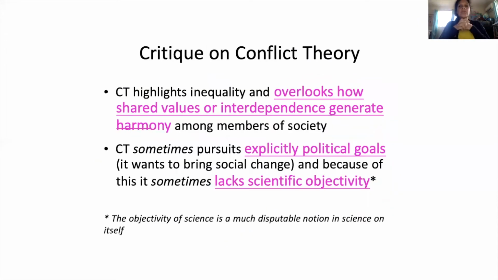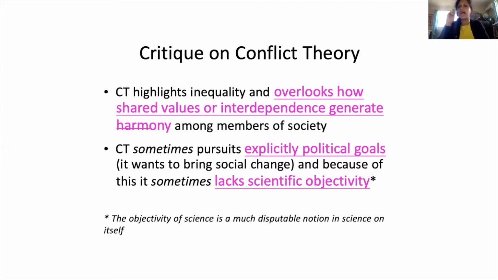So what would be the weakness of conflict theory? What doesn't it see? Because it's only focused on oppression and making life better for the have-nots, it overlooks social harmony and equilibrium.